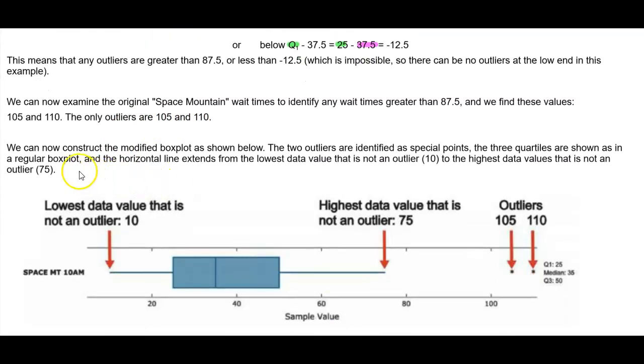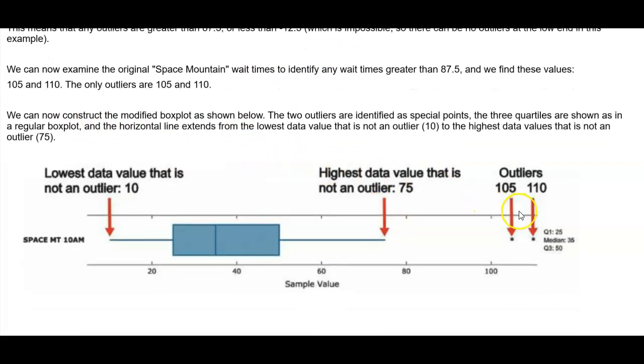So now we can construct a modified box plot as shown below. You can see here that the 2 outliers to the right are identified as special points. They are asterisks. So you can see here that 105 is an outlier and 110 is an outlier. Now the 3 quartiles are shown as in the regular box plot.